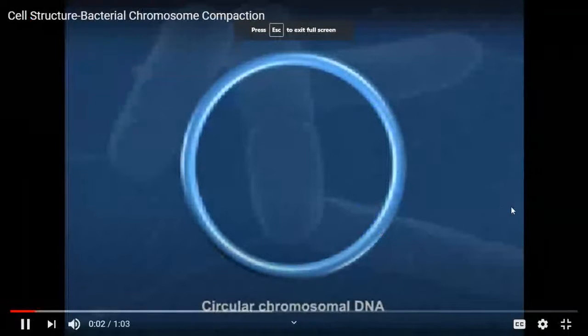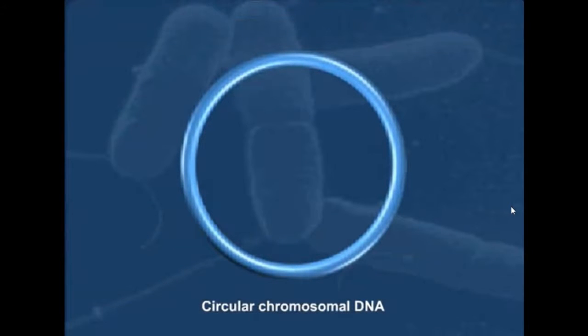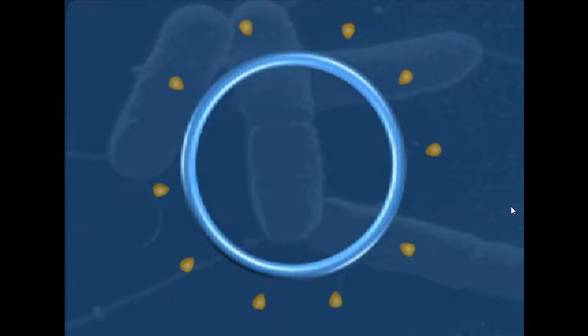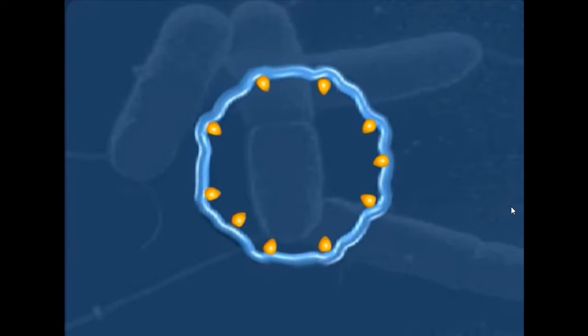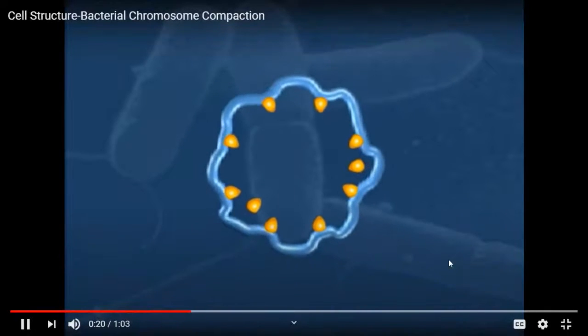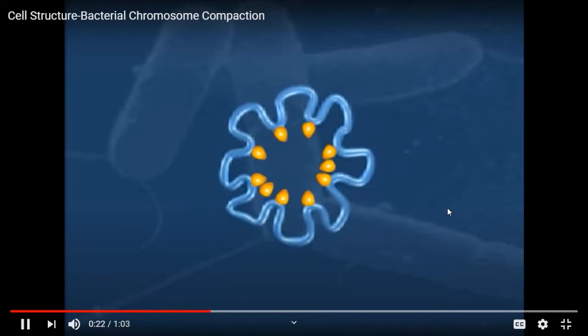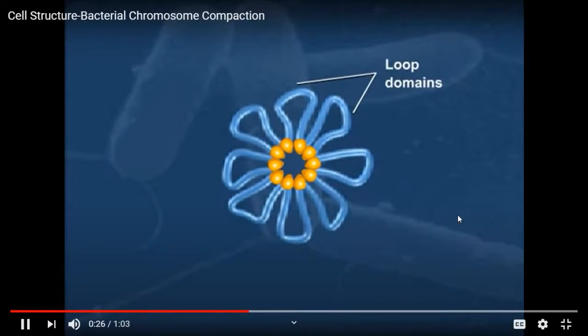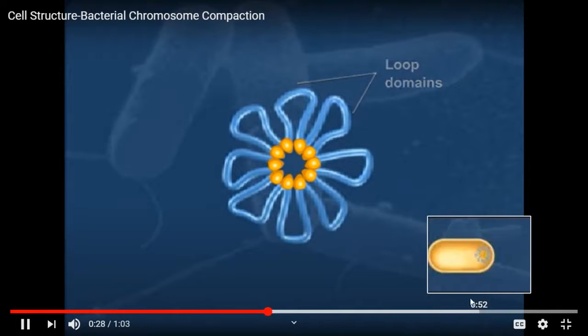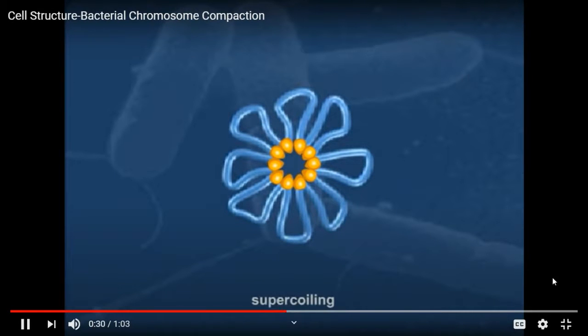The circular chromosomal DNA of bacteria must be compacted about 1,000-fold to fit within a bacterial cell. Part of this compaction comes from the formation of new domains, where segments of DNA are folded into loop-like structures that are held in place by DNA-binding proteins. The formation of new domains compacts the DNA tenfold. Further compaction is a process known as supercoiling.